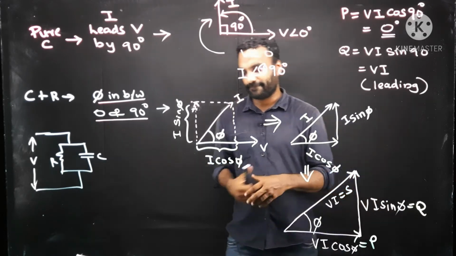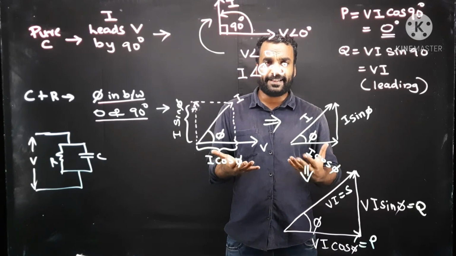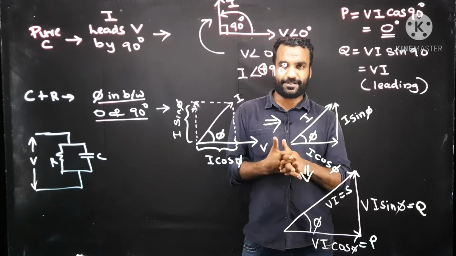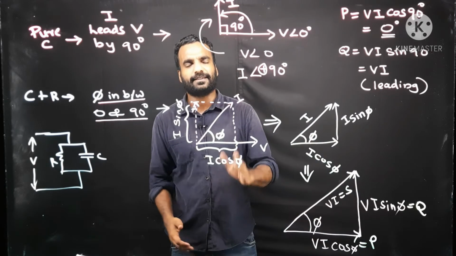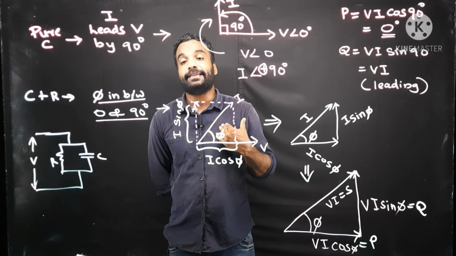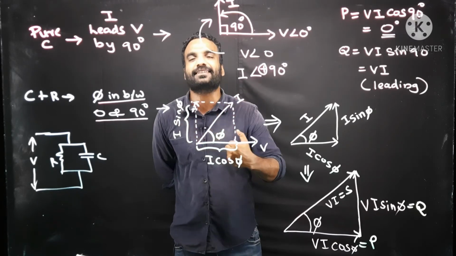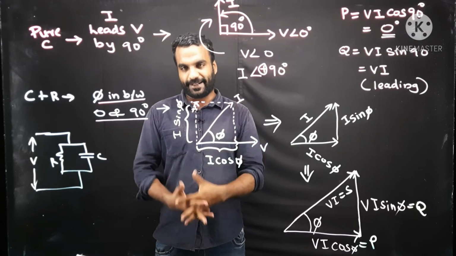That is, the capacitor's reactive power and inductor's reactive power are just opposite in direction. In other words, an inductor is always absorbing or taking the reactive power, whereas a capacitor is supplying reactive power.